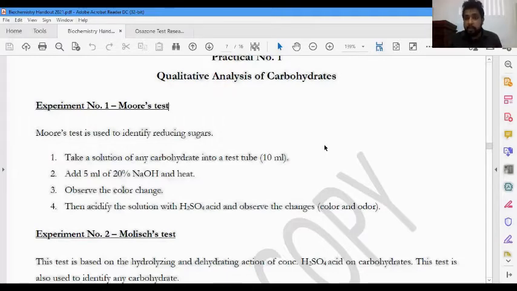But in this chemical process, it will form many intermediate chemical products that have flavor and aroma. That is why we use caramelization in cooking.